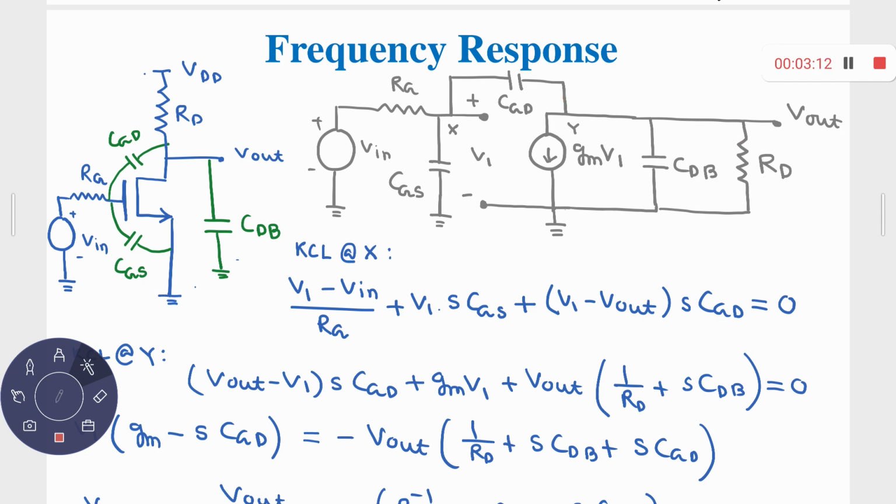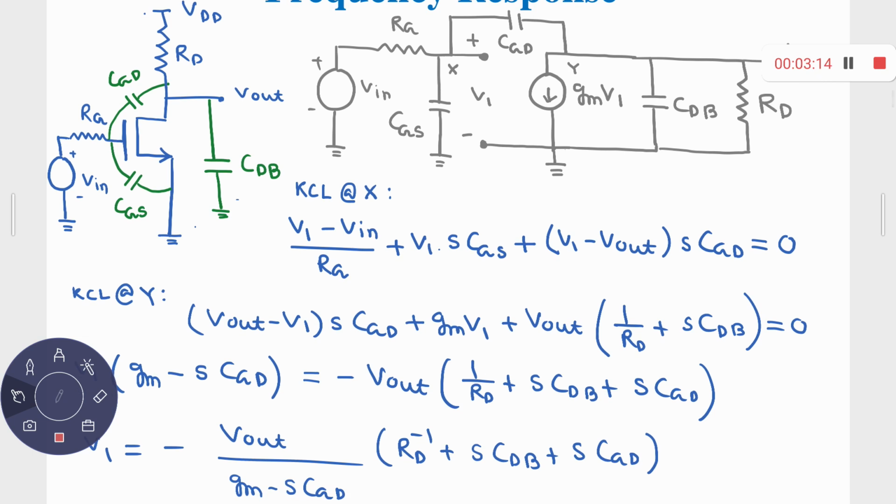So we get (Vout minus V1) s CGD, that means this current, plus gm V1, this one, plus Vout multiplied with the corresponding admittance. RD and CDB are in parallel, so they are added together: 1 upon RD plus s CDB, and that is equal to 0.